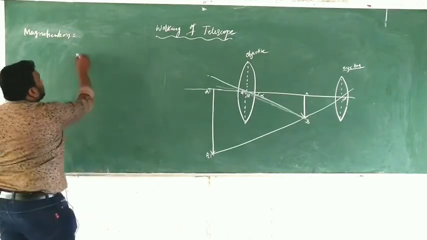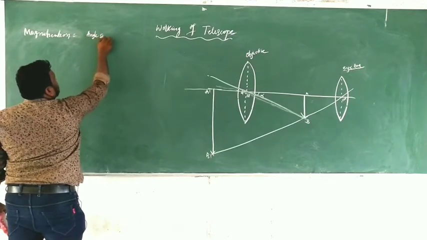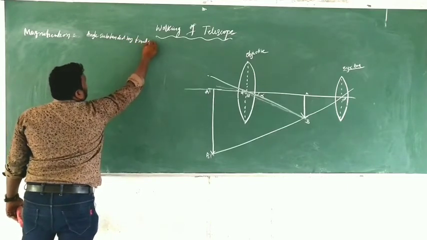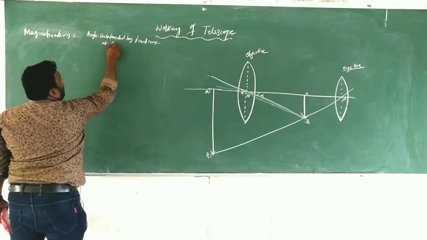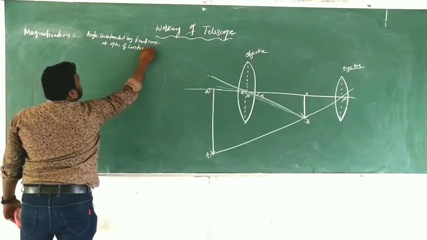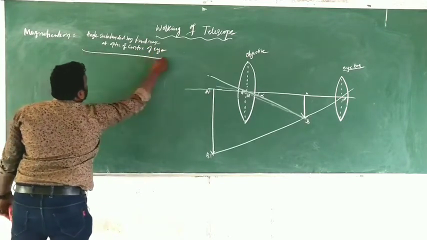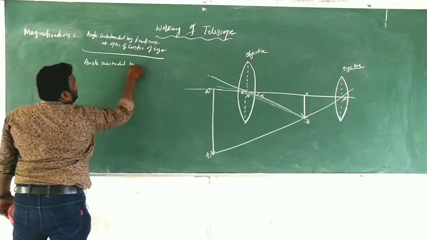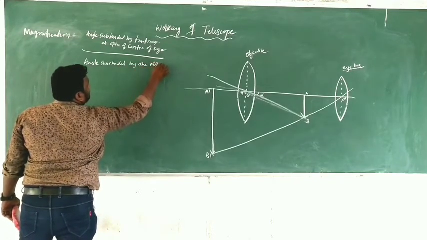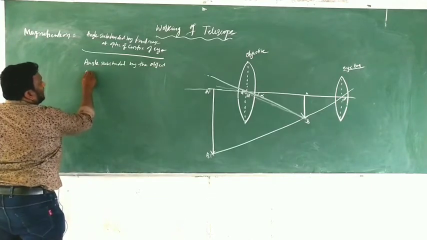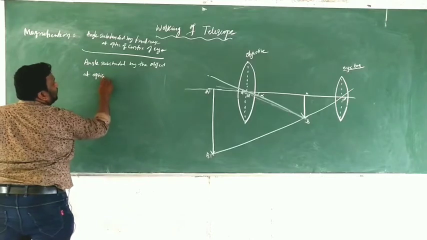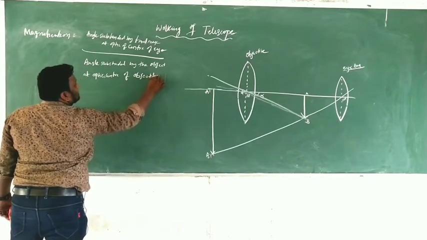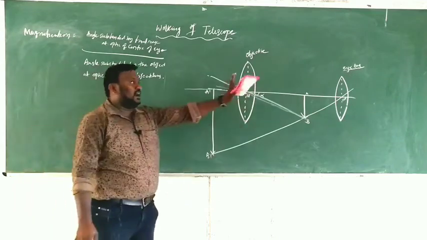The magnification of a telescope should be written as the angle subtended by the final image at the optic center of the eye to the angle subtended by the object at the optic center of the object lens, because it is unaided to the eye lens.